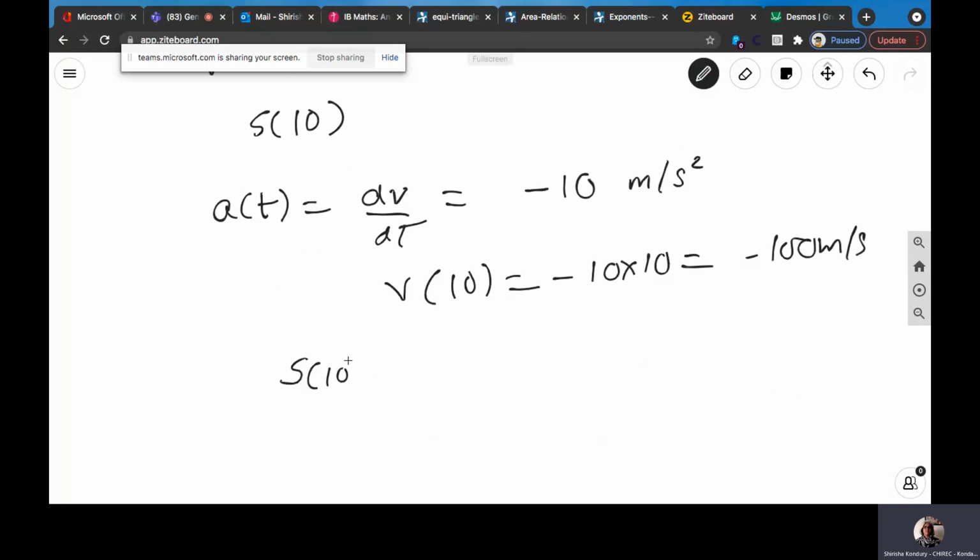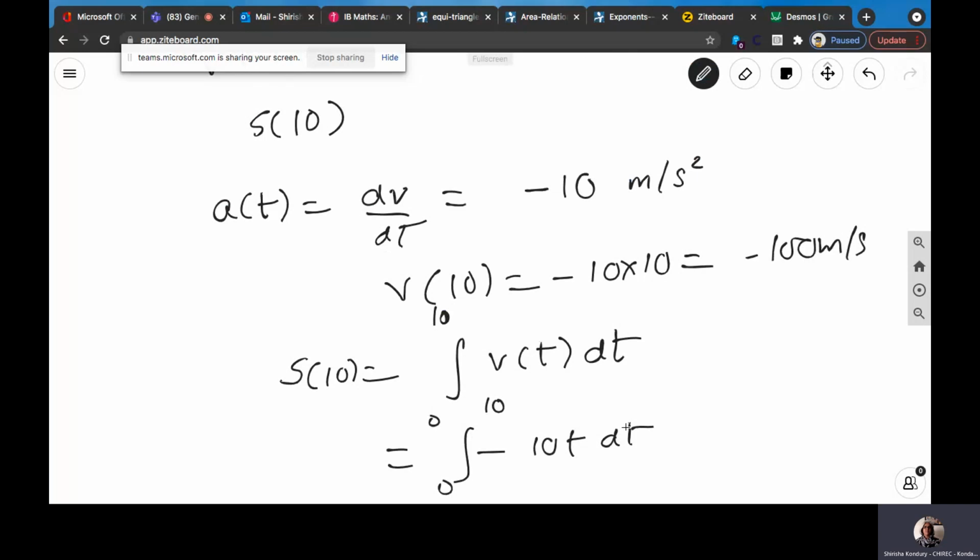What is the value of s of 10? Between 0 and 10, integrate the velocity expression. So integrate minus 10t between 0 and 10, and the answer that you get is the value. Right.